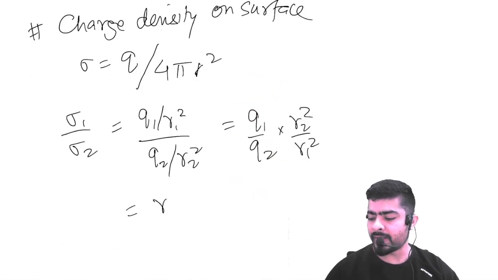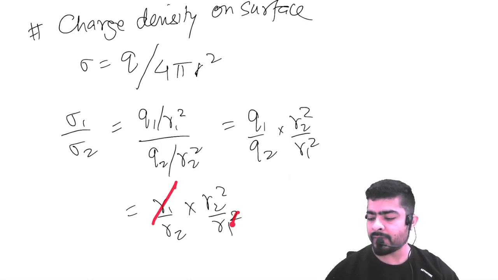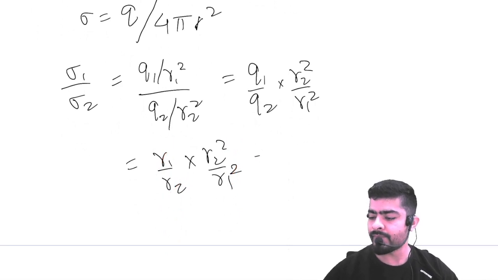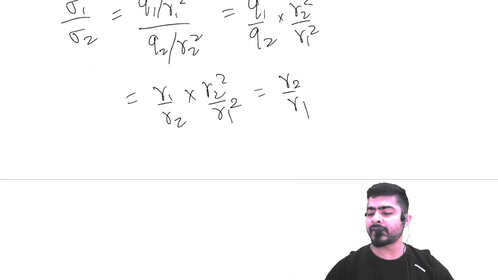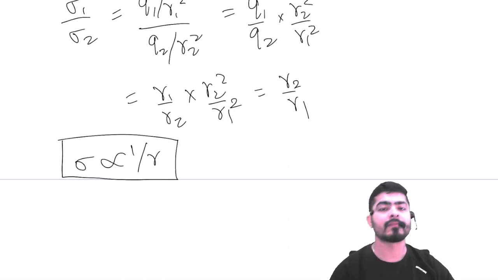So I get from here r1 by r2 into r2 square by r1 square. Now r1 square, right? So r1 will cancel out, r2 will cancel out. So what do we get finally? This is equal to r2 by r1. Okay, so we can conclude that sigma is proportional to 1 by r. Very important.